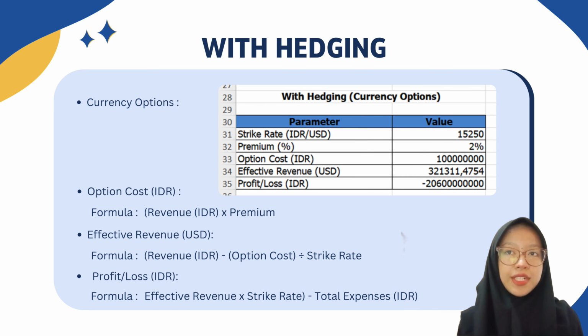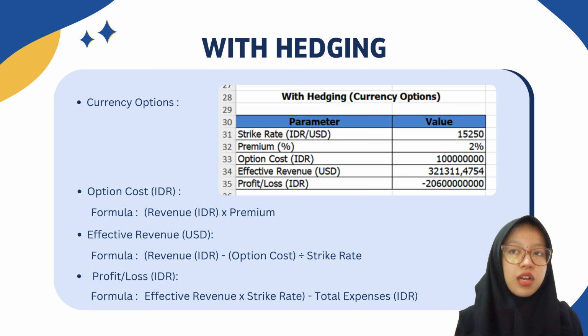Okay, next with hedging currency option, the first parameter is strike rate IDR per USD is 15,150, premium in percent is 2%, option cost IDR is 1 billion, and effective revenue in USD is 321,311.4754, and the last is profit or loss IDR is minus 20,600,000,000.